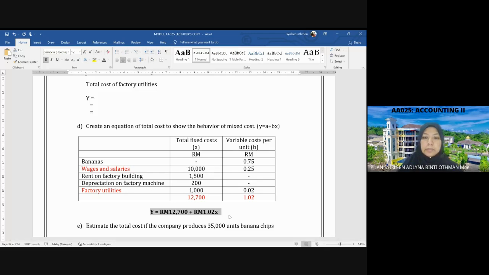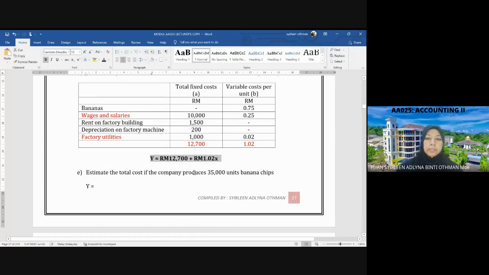Okay, so X tu madam boleh ganti dengan apa-apa saja unit pengeluaran to achieve the total cost for that particular level. Alright, so kalau saya nak estimate total cost sekiranya pengeluaran nak keluarkan 35,000.